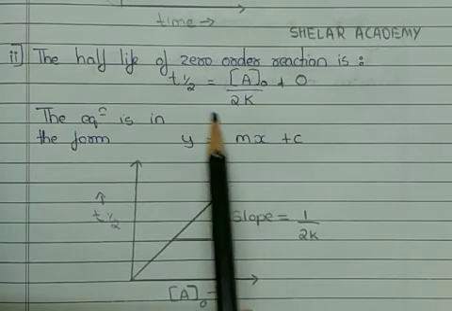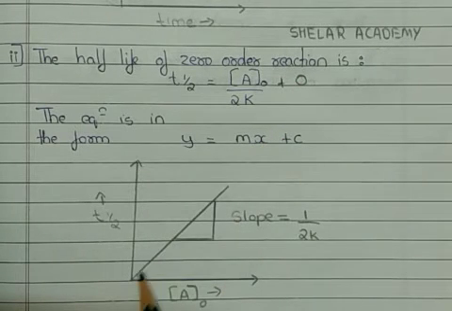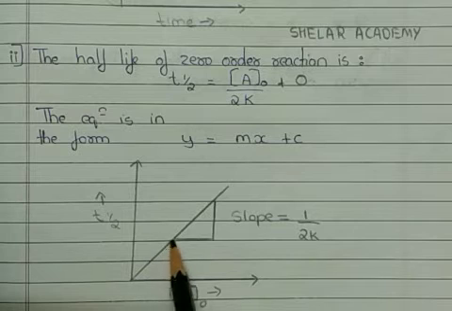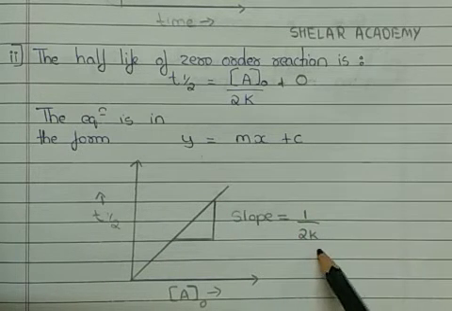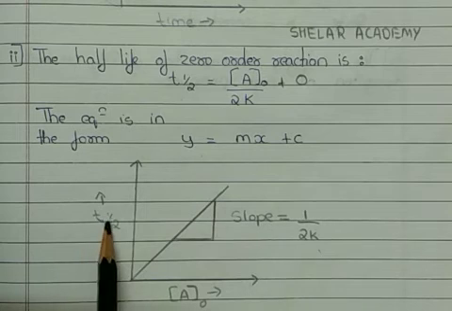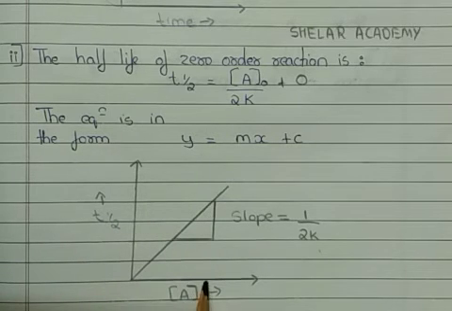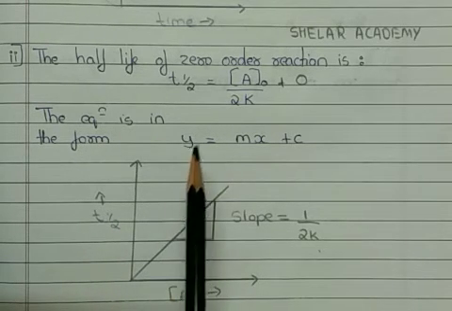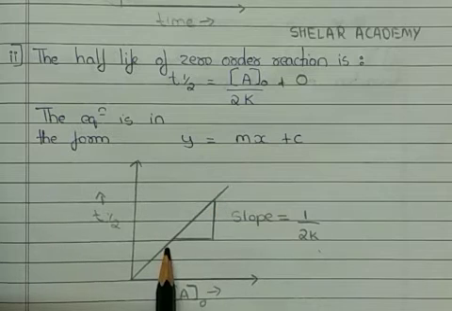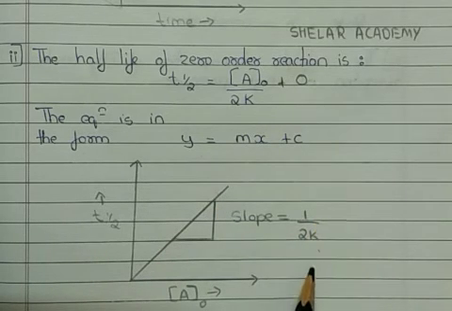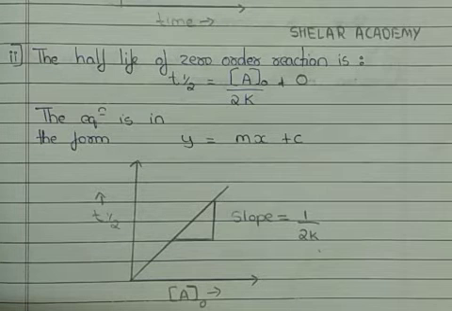Means we will have a straight line passing through origin, and the slope of the line will be 1 upon 2K. So the relation between half-life and initial concentration is directly proportional, meaning it will be inclining, passing through origin, with slope 1 upon 2K. So this is the second graph for zero order reaction.